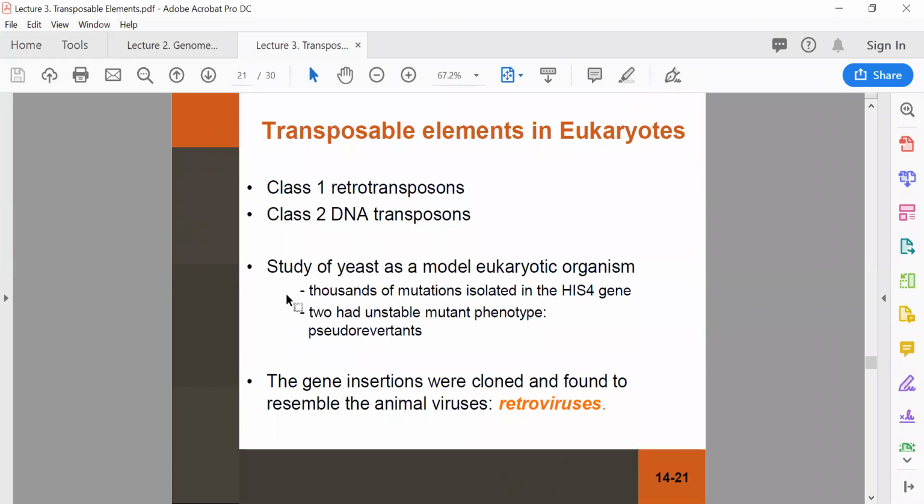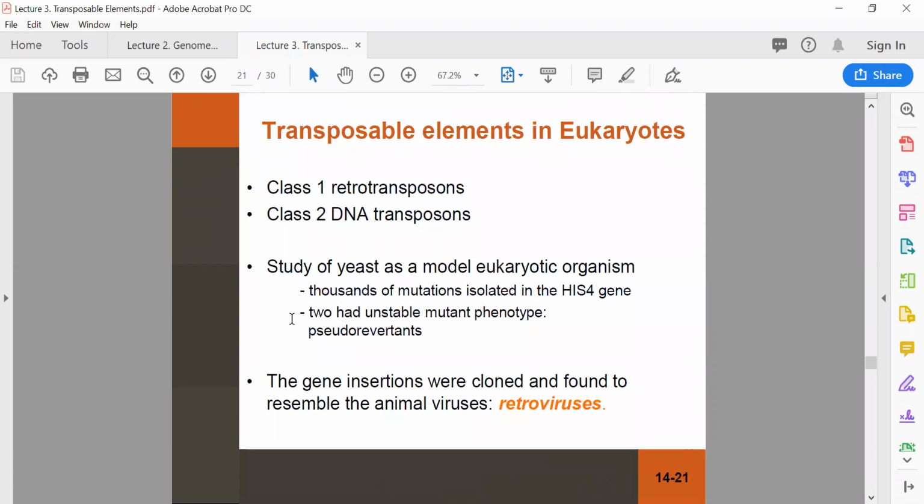But two of the mutant lines actually had unstable mutant phenotypes. They were termed pseudorevertants, and this is because these two yeast lines were 1,000 times more likely to revert to wild type than all the other mutants, and that's why they were called pseudorevertants.